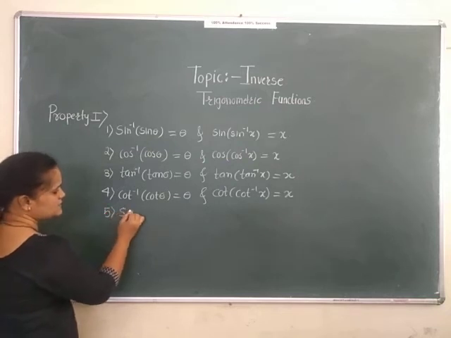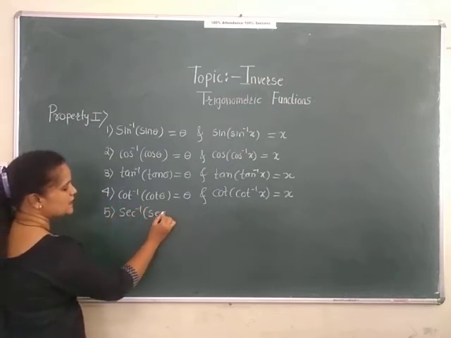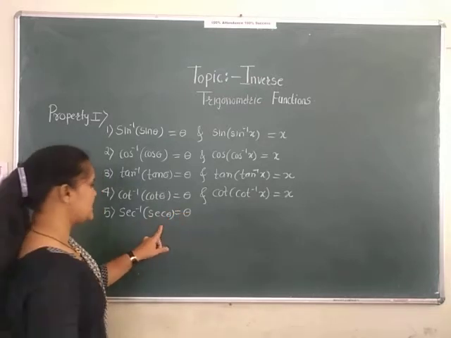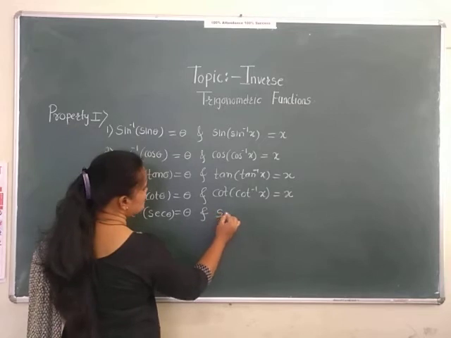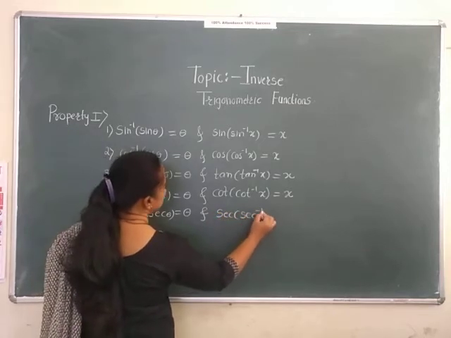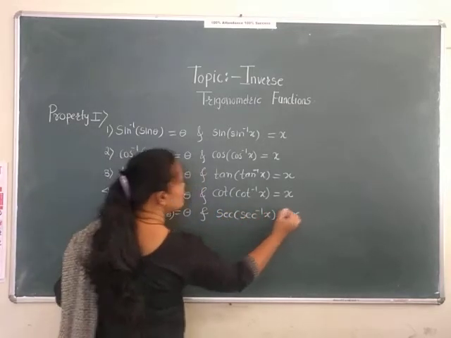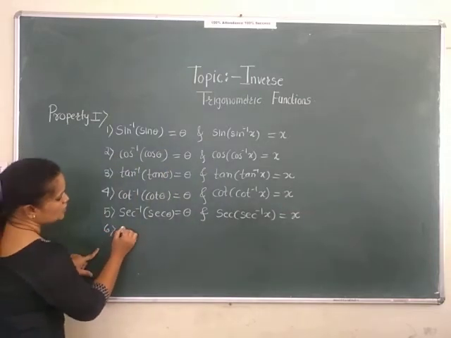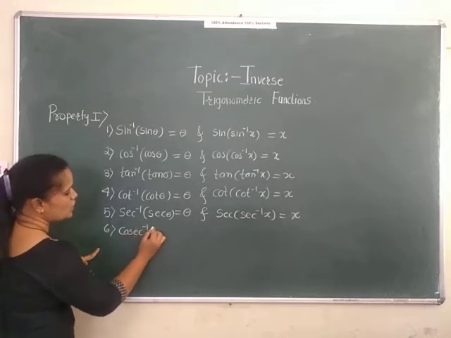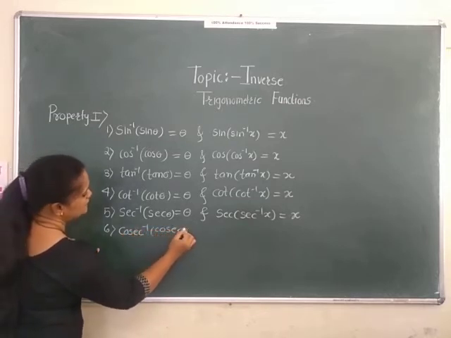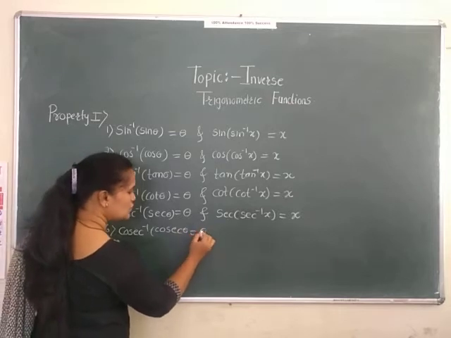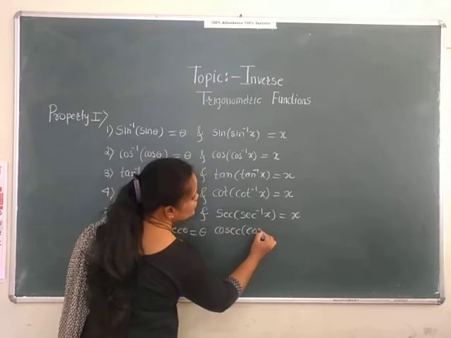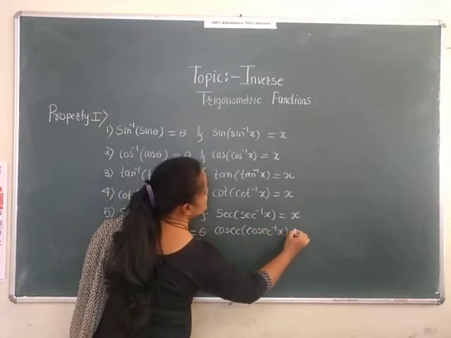Fifth one: sec inverse of sec theta is equal to theta, and sec of sec inverse x is equal to x. Sixth one: cosec inverse of cosec theta is equal to theta, and cosec of cosec inverse x is equal to x.